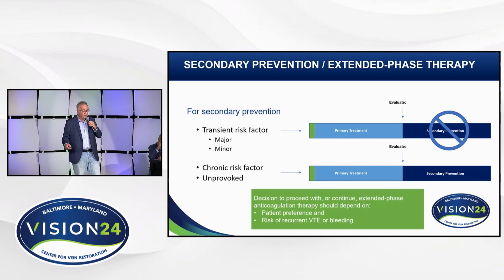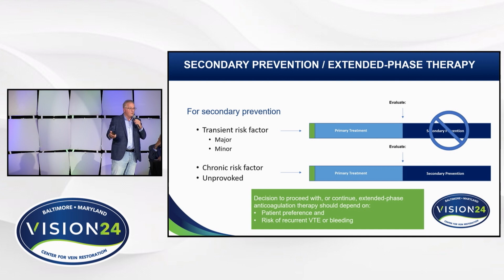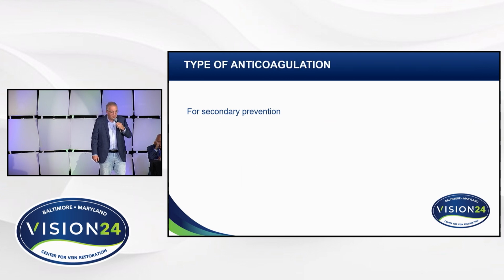They talk about providing secondary prevention. And the decision here depends on several things: patient preference, risk of recurrent VTE, as well as risk for bleeding, for treating long-term. And then the question is, what do you treat with, and for how long? And we'll go a little bit into that.